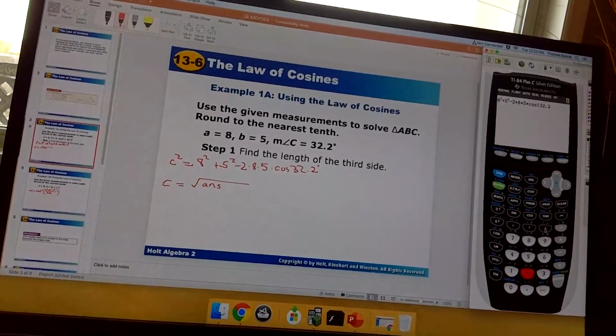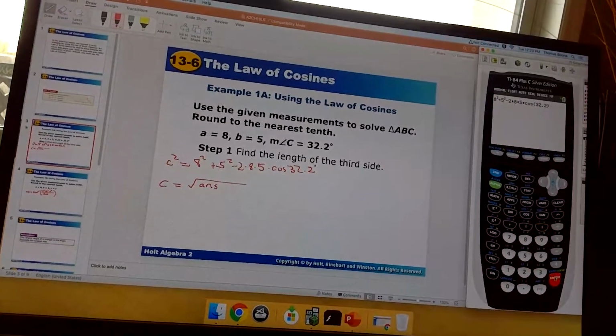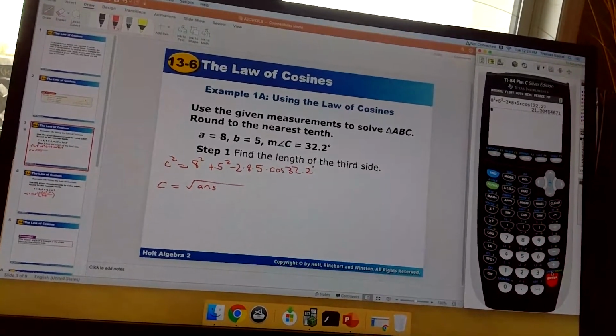When we hit enter, that is what c squared is.